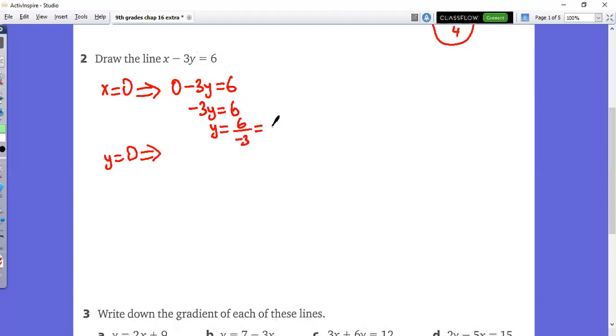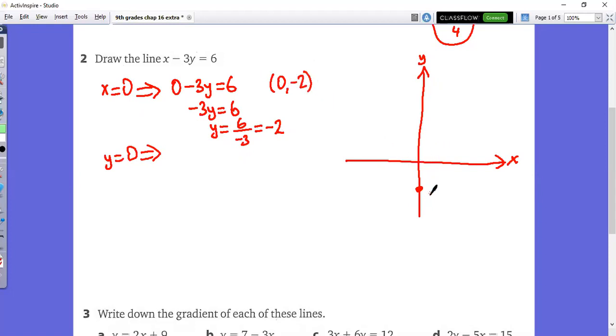A positive number divided by a negative number is negative. 6 over 3 is minus 2. So the y-intercept is negative 2. On the coordinate plane, as a point, x coordinate is 0, y coordinate is negative 2. That's (0, -2).